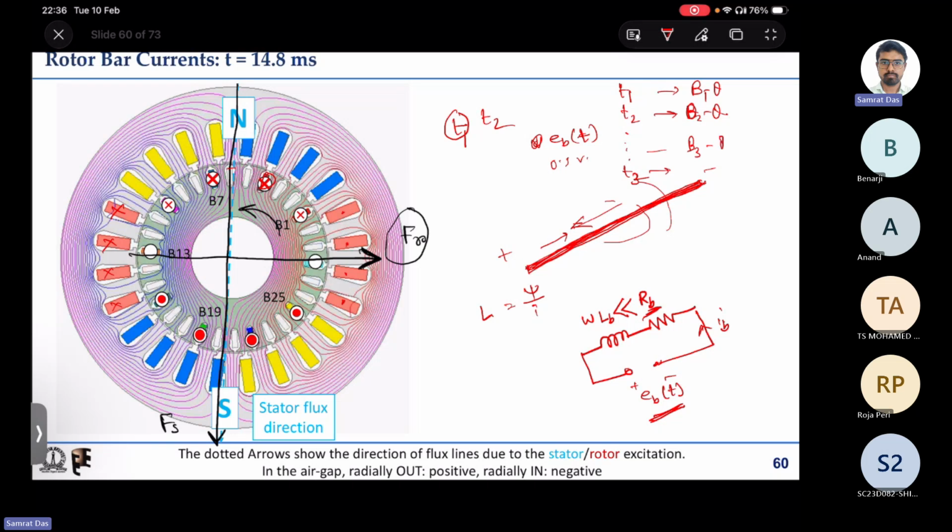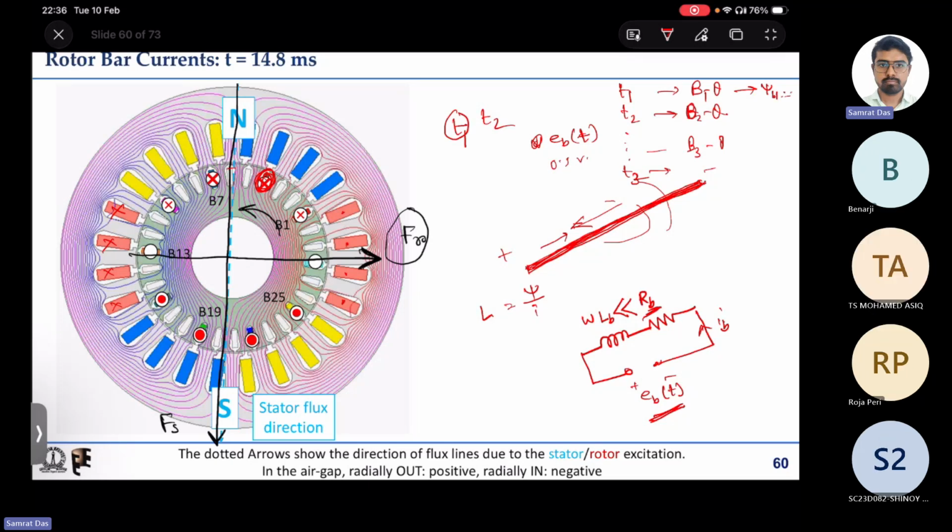do. Now at a given instant, you calculate what is the flux linkage of a certain bar, psi bar 1. Similarly, at this given instant, you can get the same thing for psi b2, psi b3, psi b4, all these things. Then you could do the same thing for the second time instant, third time instant, fourth time instant.